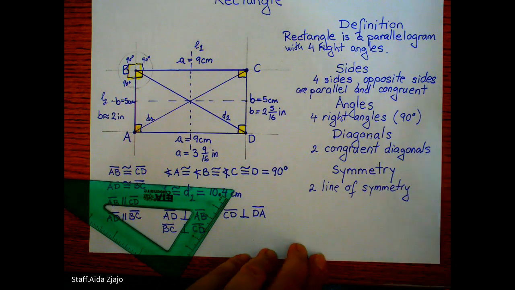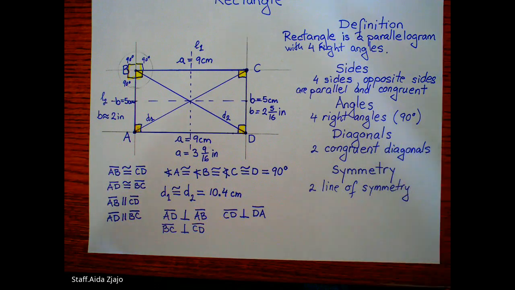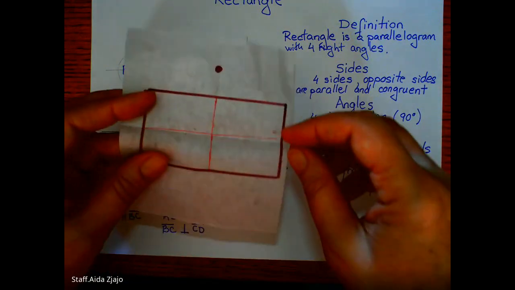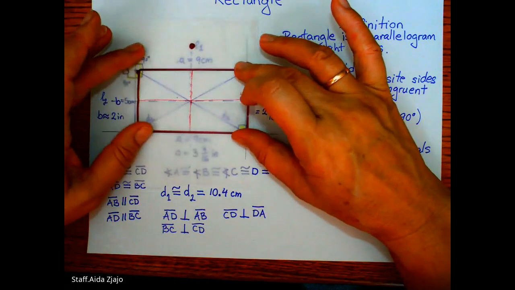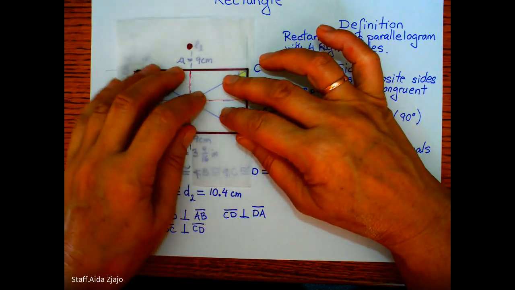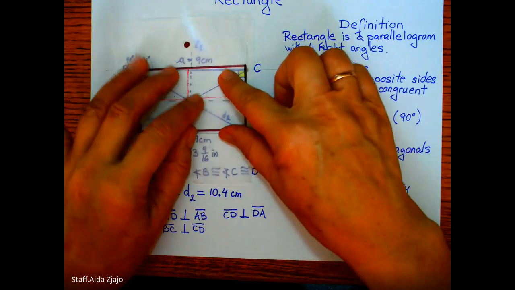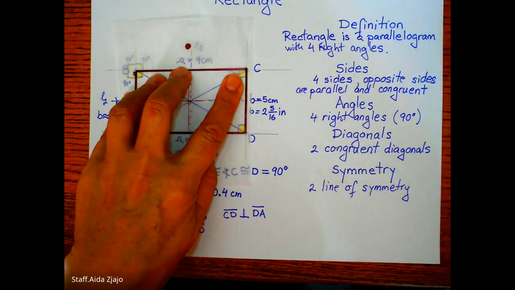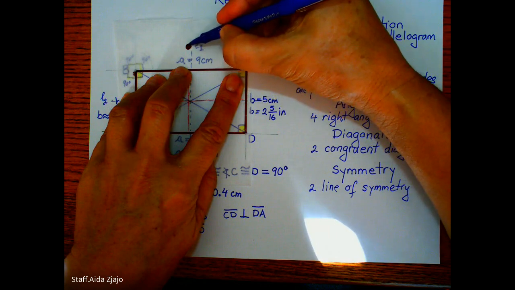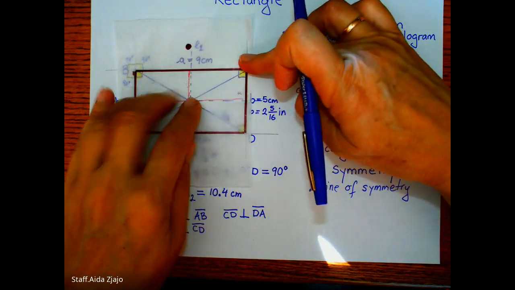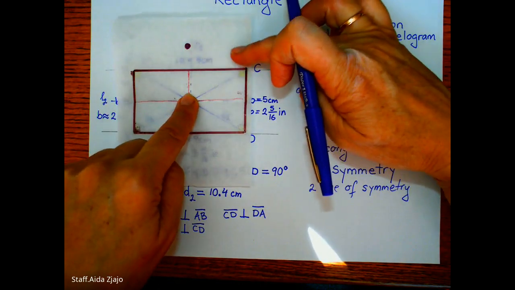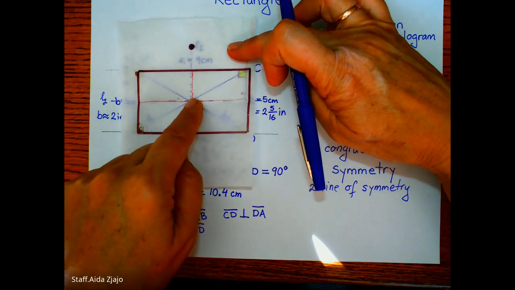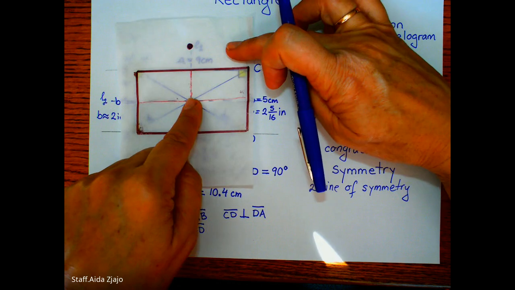If you would like to explore rotational symmetry, we use see-through paper. I already copied this rectangle, and we put a dot on the top of the line segment that we would like to rotate, and then we rotate the shape. If it gets into the same position, it has rotational symmetry.